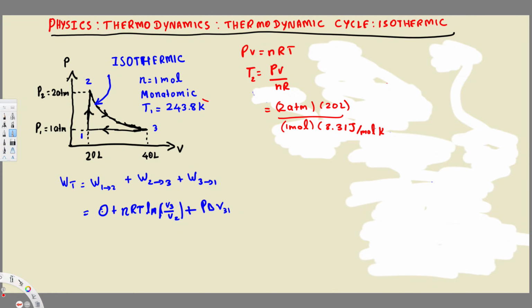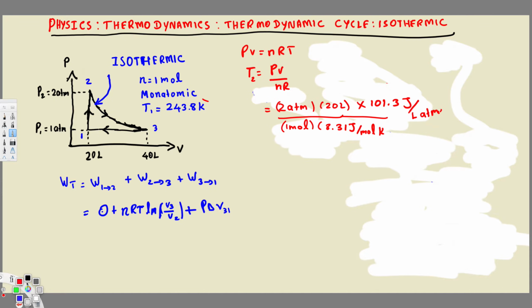The mole cancels, but to cancel this joule, we have to convert this into joules, because we want the final answer in Kelvin. Whenever we have atm liter, to convert into joules, we multiply by 101.3 joule per liter atm. In this way, liter atm cancels, and you get the answer in joules. Then you cancel the joules together, and the mole cancels, and you get the answer in Kelvin.